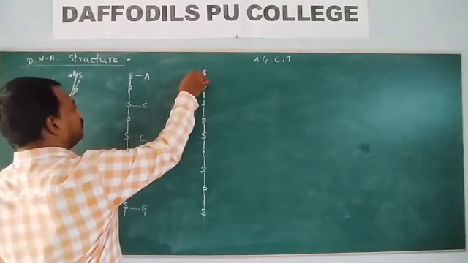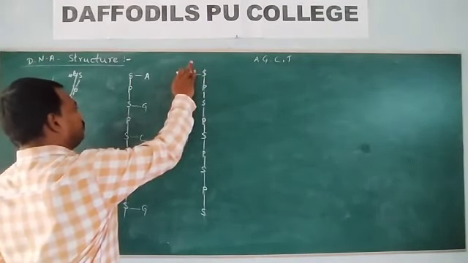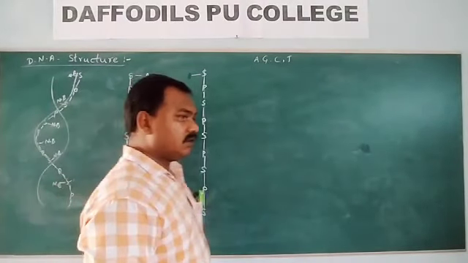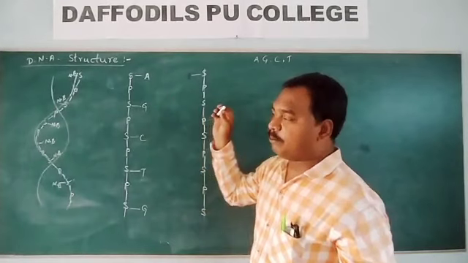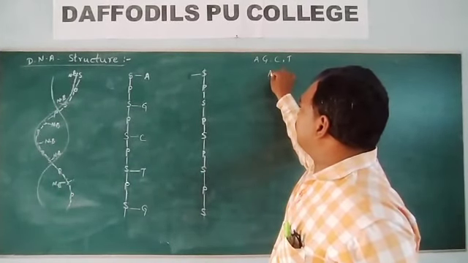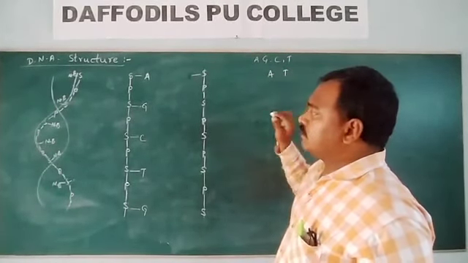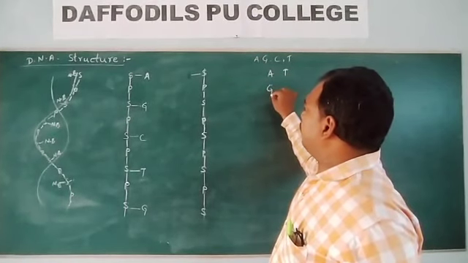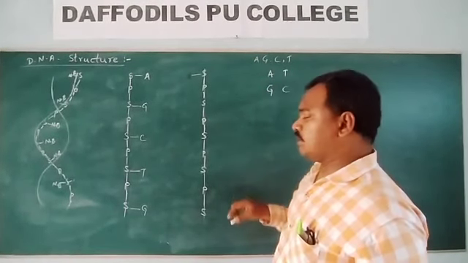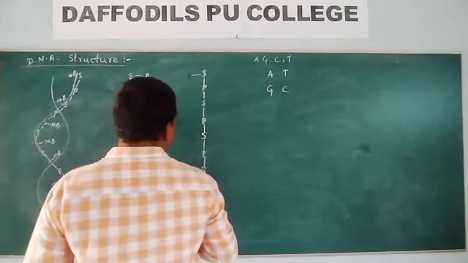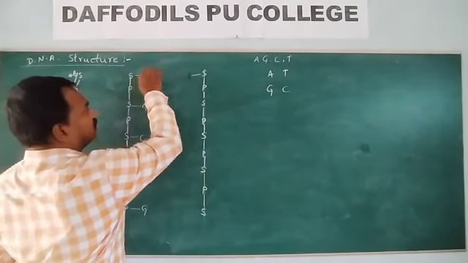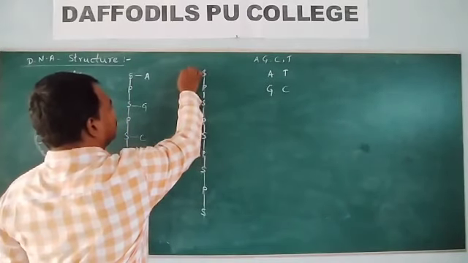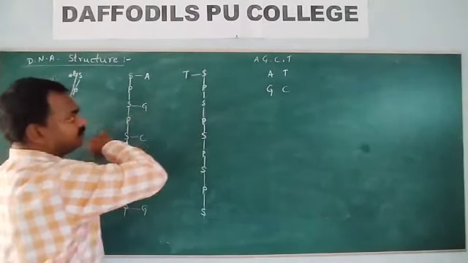Suppose this sugar is bonded with which nitrogen base? For adenine, the complementary base is thymine. For guanine, the complementary base is cytosine. Whenever an adenine group is present, opposite that you can always see thymine.